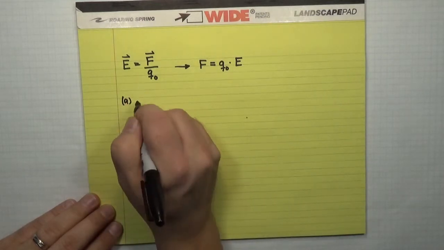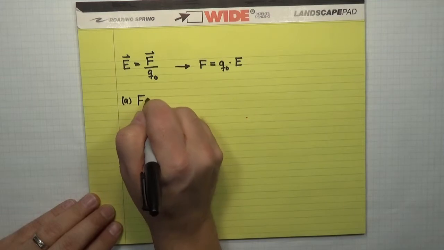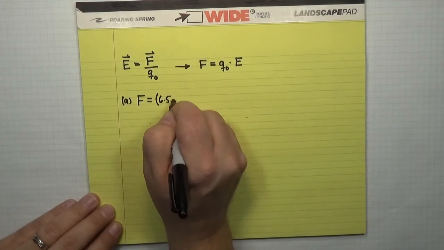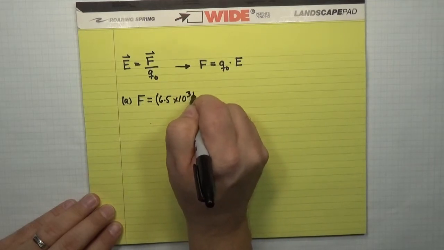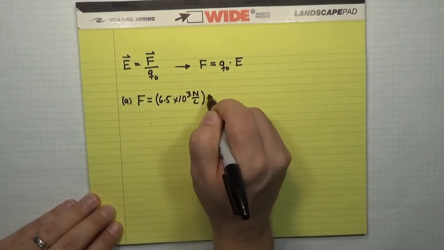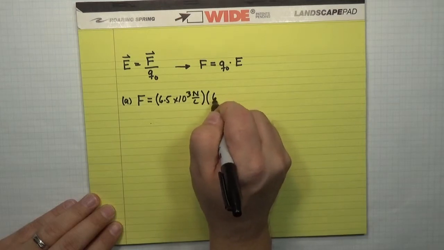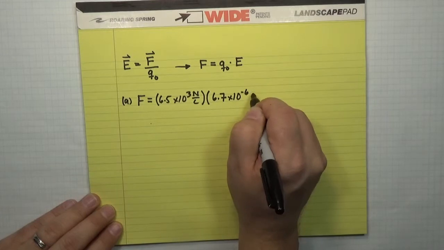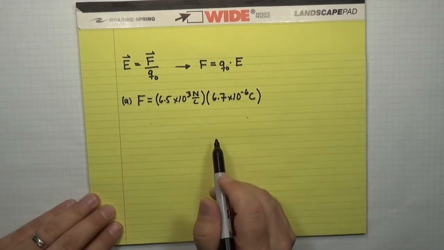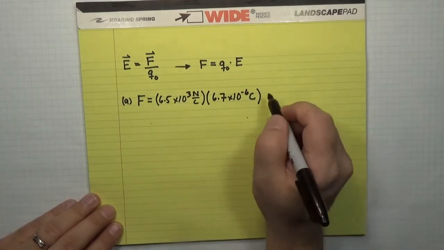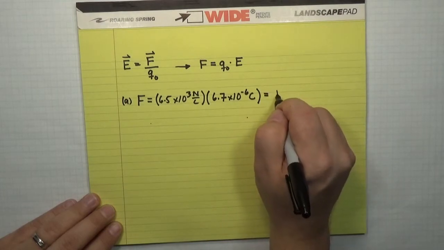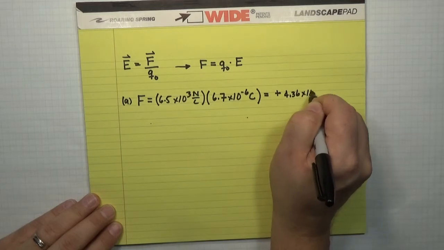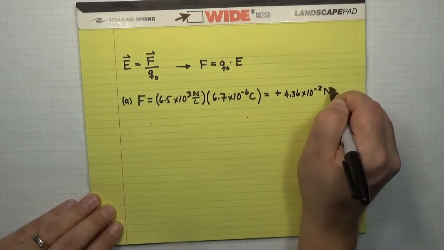In the first case, the electric field is 6.5 times 10 to the 3 newtons per coulomb, and the charge we're given is 6.7 times 10 to the minus 6 coulombs. Now, if I multiply those together, I get plus 4.36 times 10 to the minus 2 newtons.